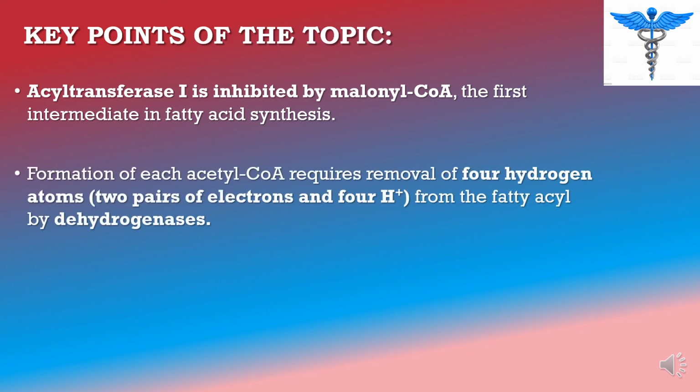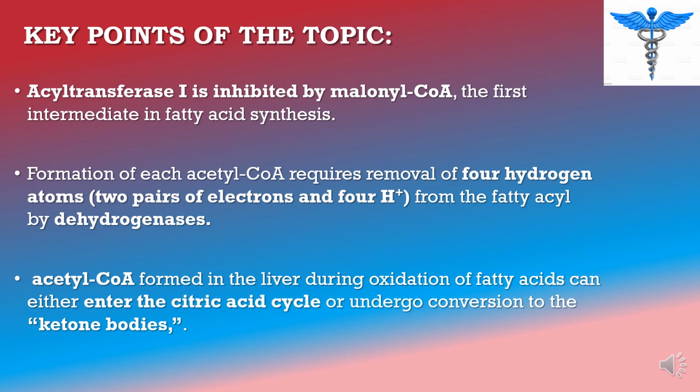Formation of each acetyl coenzyme A requires removal of 4 hydrogen atoms, meaning 4 electrons and 4 protons, from the fatty acyl by dehydrogenase enzymes. Acetyl coenzyme A formed in the liver during oxidation of fatty acids can either enter the citric acid cycle or undergo conversion to the ketone bodies.